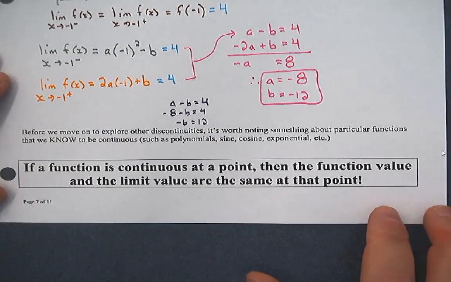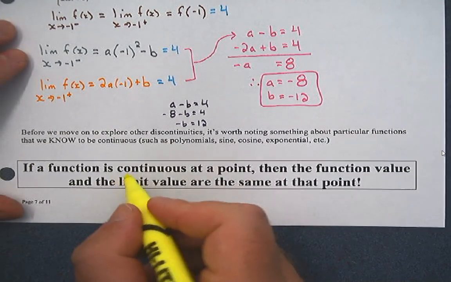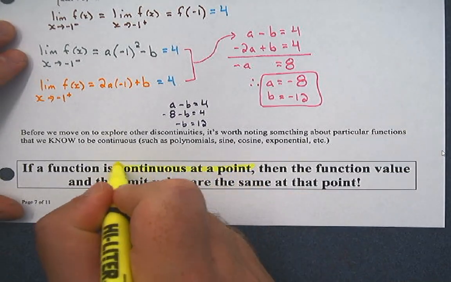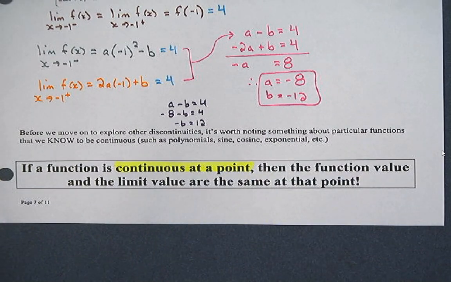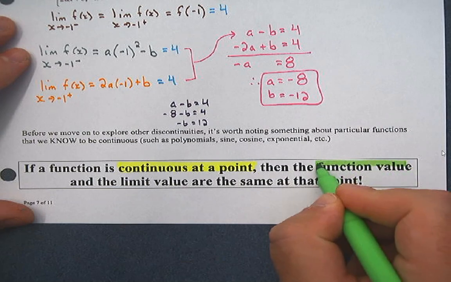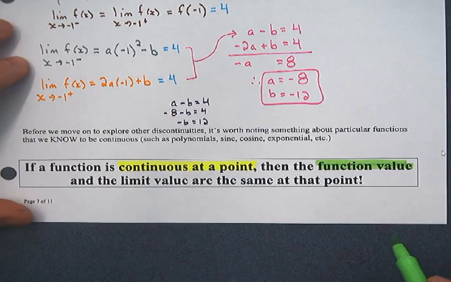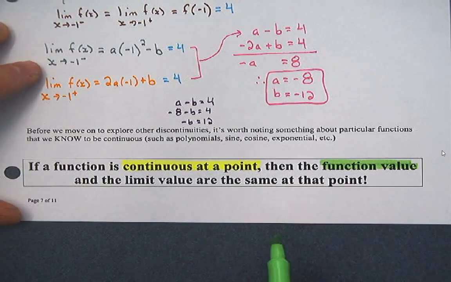All right. So if a function is continuous at a point, let's just review that again. What does it take to be continuous at a point? Then the function value, and when I say function value, I mean y value. We're in a fancy math class now. We call function values y values and y values function values.